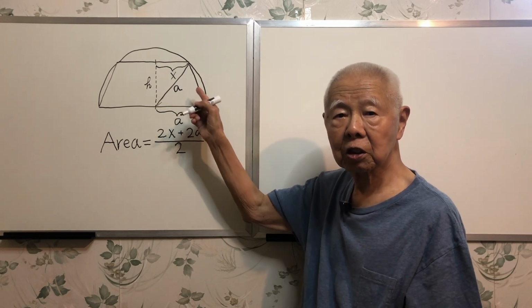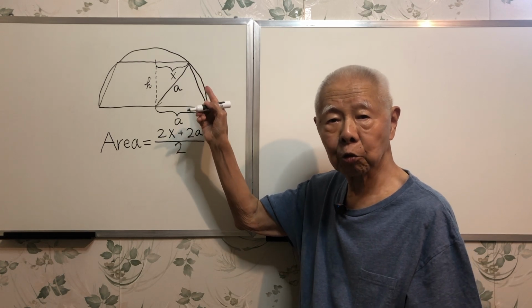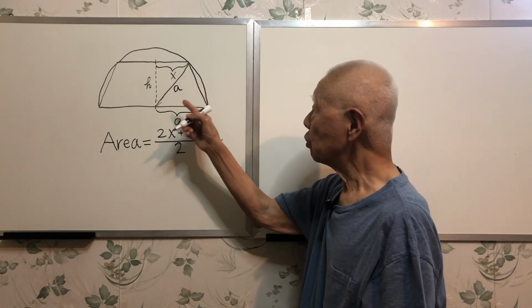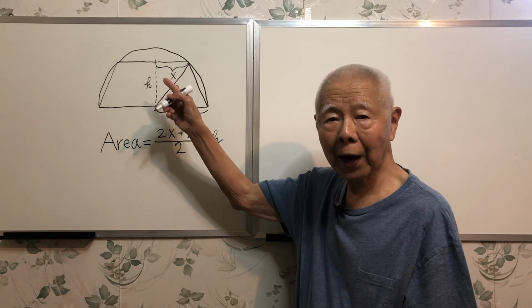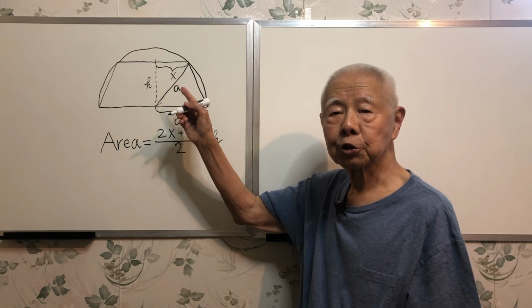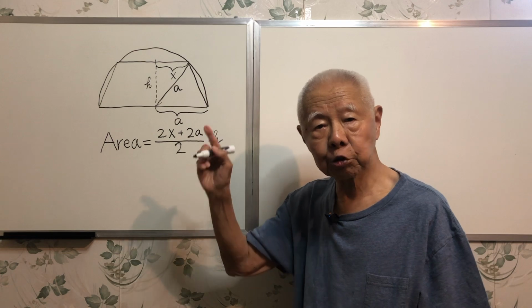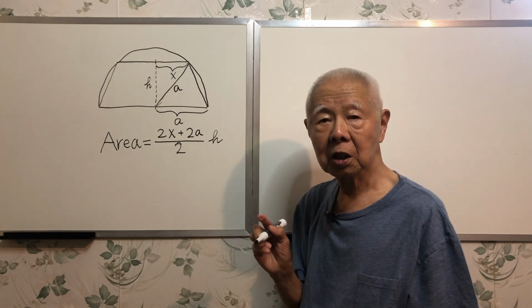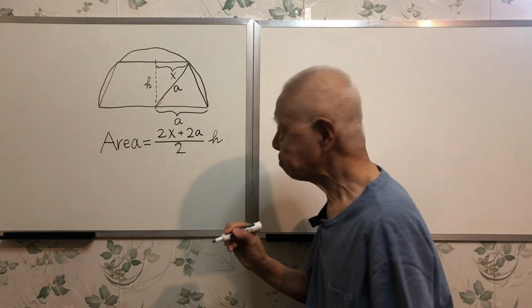This distance is, again, the radius A. Then I have a right triangle, so the relation between h and x is just the Pythagoras theorem.